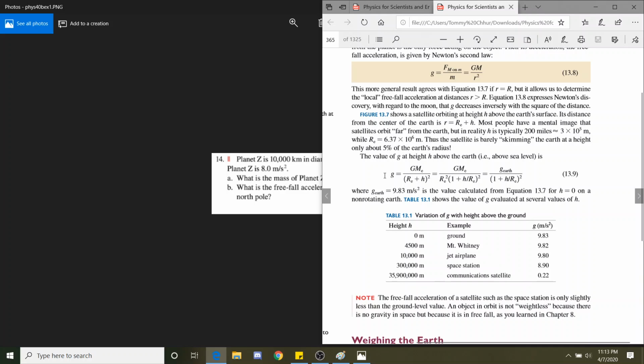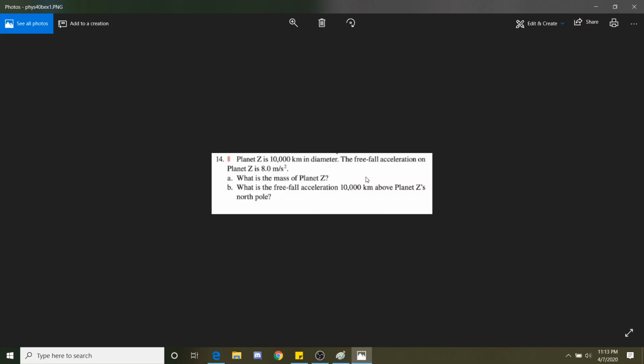As you can see here, we can find the value g at a certain height, and in order to find this, we need the universal constant G, the mass of the planet, which we got from part A, the radius, which is given to us, and the height, which is also given to us. It says to find it 10,000 kilometers above planet Z's North Pole.